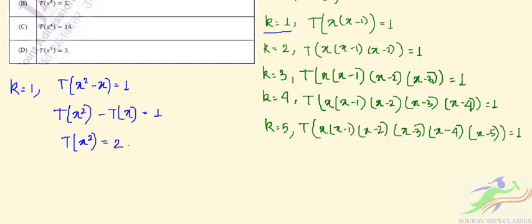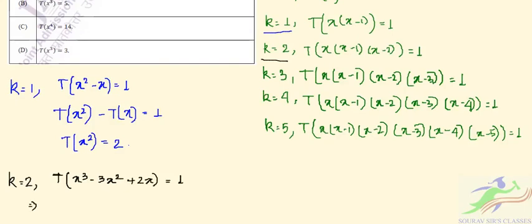Similarly, if we go for k equal to 2, that will be x into (x minus 1) multiplied by (x minus 2). If we multiply this out, x cube minus 3x squared plus 2x is equal to 1.